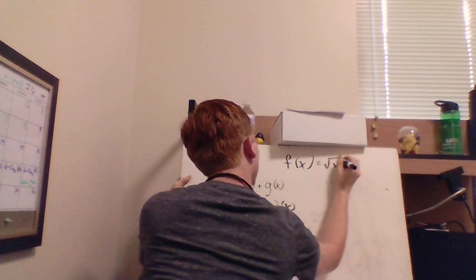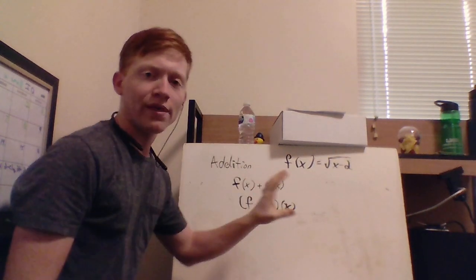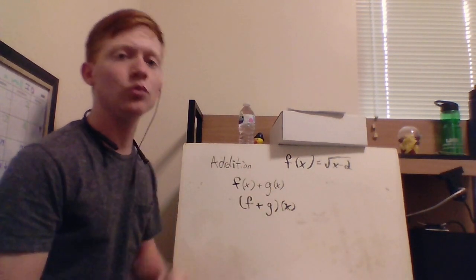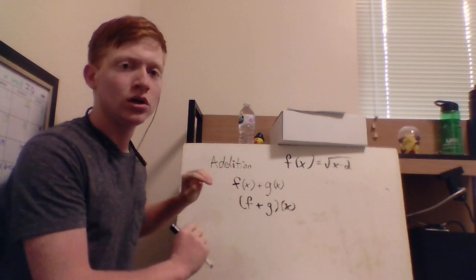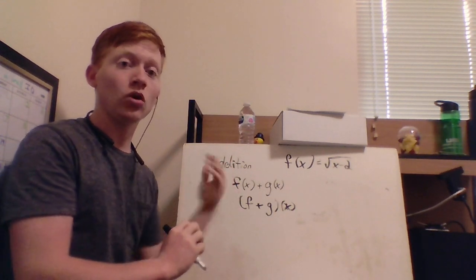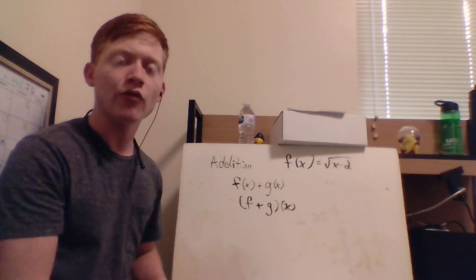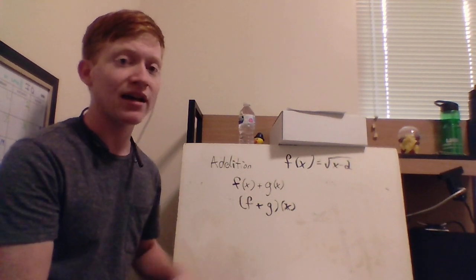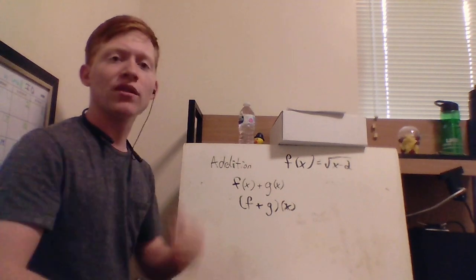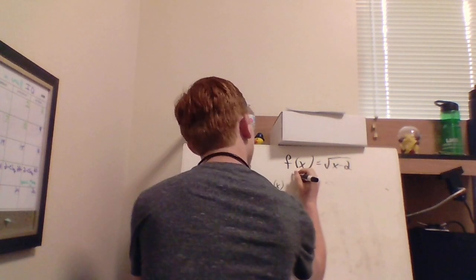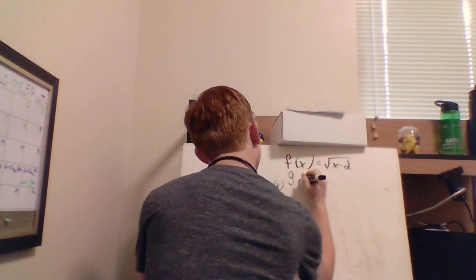Then it will always be the square root of x minus 2 for this problem. I can't go later on in the equation and say, oh yeah, by the way, I meant f of x equals just regular square root of x. I'd have to rework everything. But say I need another equation, I'm not going to use f of x for that. I'm going to use g of x for that.